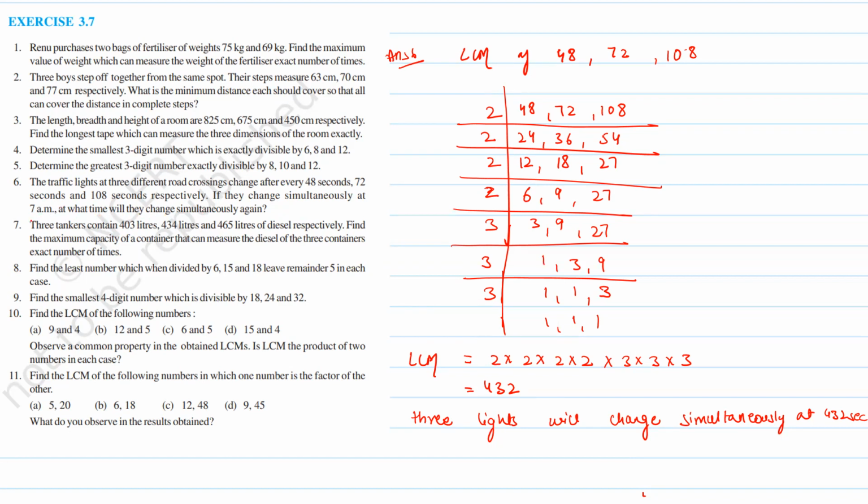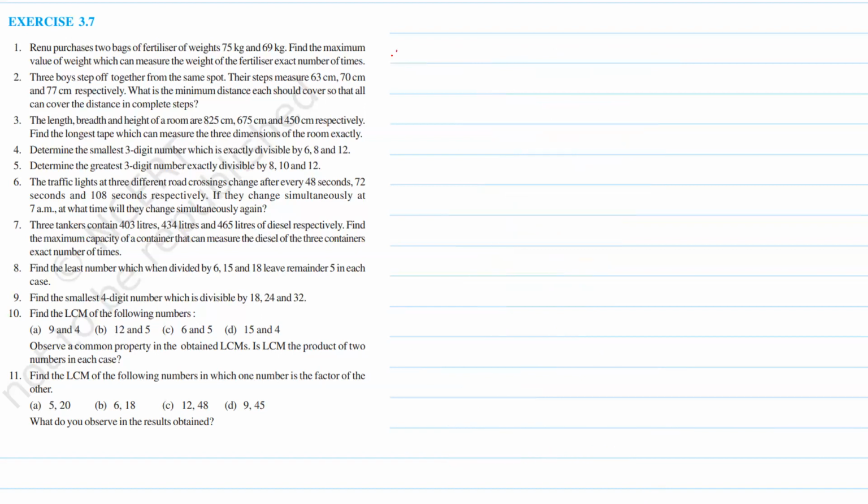So it is 7 a.m. In minutes, 432 seconds will be 7 minutes, 12 seconds. 7 minutes, because 7 sixties are 420, and 12 seconds remain. So it will be 7 a.m. 7 minutes, 12 seconds. Okay. Answer 7.